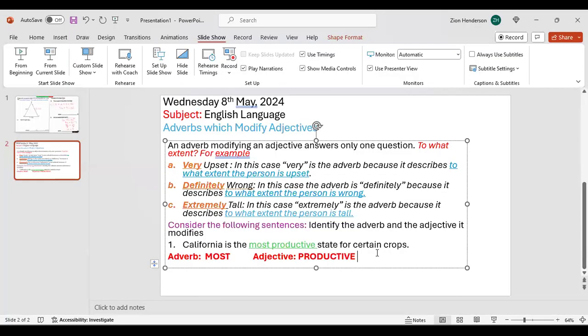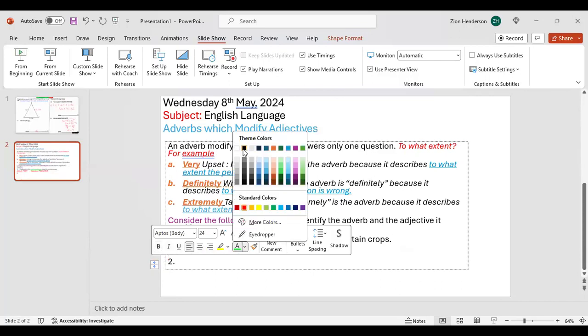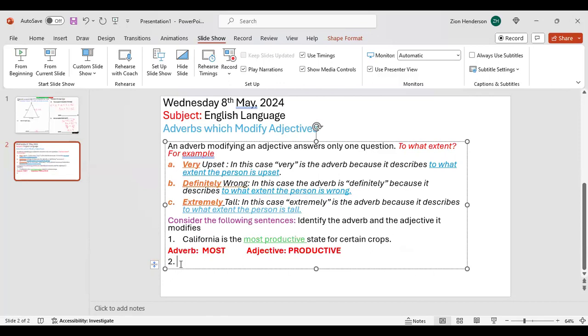Let's do another sentence. The next sentence says, California's Central Valley has soil abundantly rich in nutrients.